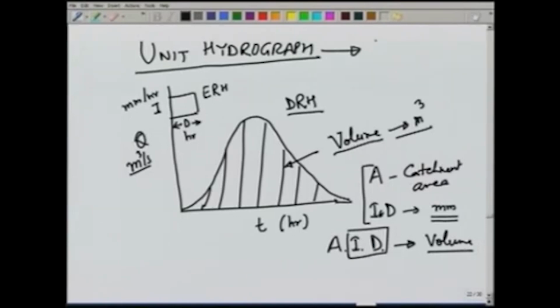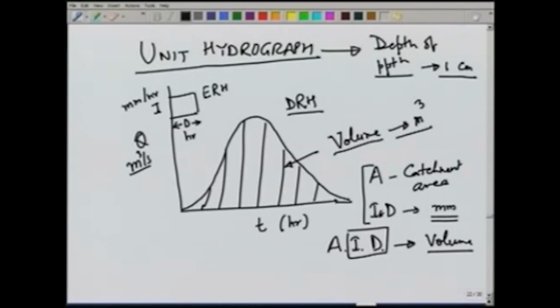So, the depth of rain should be a unit, let us call it depth of precipitation. The unit which is used typically in India is 1 centimeter. In some countries, depth of precipitation is taken as 1 inch for the unit hydrograph, but we will take 1 centimeter as the unit rainfall.